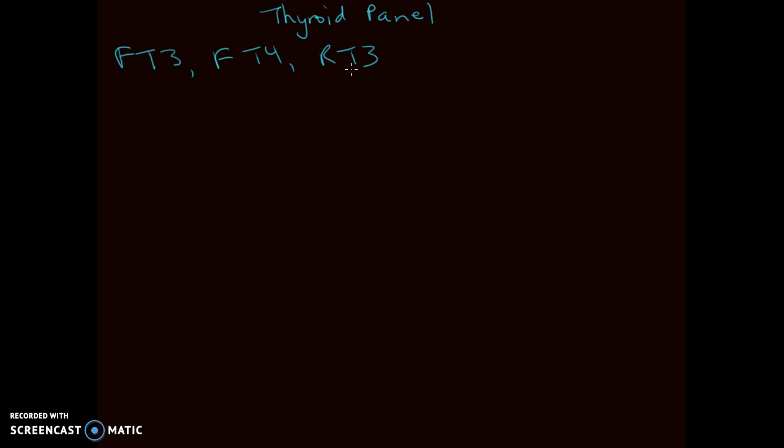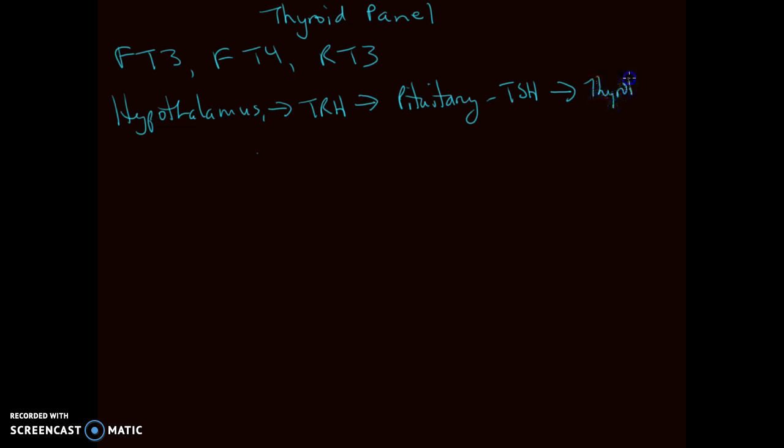By way of refreshing our memory, we'll remember that we have the hypothalamus. When it senses that blood levels of T4 and T3 are low, it will release thyrotropin releasing hormone. This will stimulate the pituitary gland to release thyroid stimulating hormone, which will stimulate the thyroid to release T4 and T3.